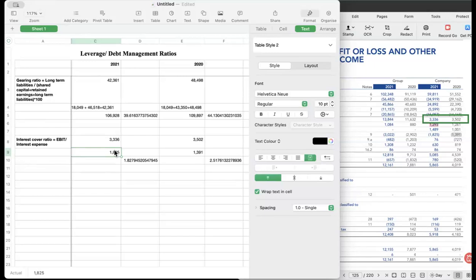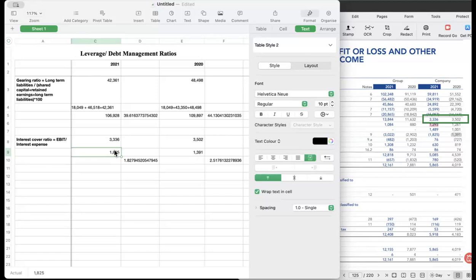So the gearing ratio can be improved by increasing the equity. Now you may ask me, how do I increase the equity? The equity of the business can be increased by issuing more shares. Right? More shares can be issued to increase the equity, and profit can be retained.